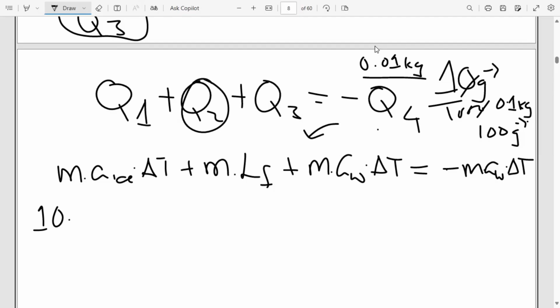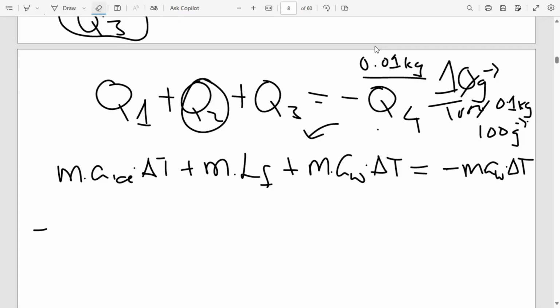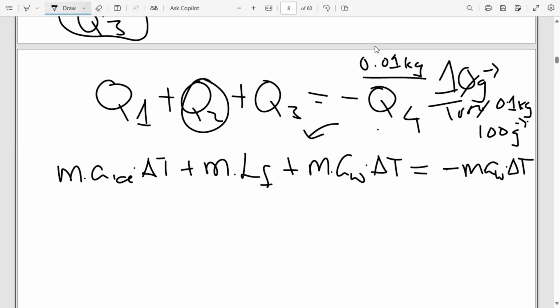Now you can plug them in. You can say mass, which is 0.01 kg, multiplied by the specific heat capacity of ice multiplied by the change in temperature, which is final minus initial.